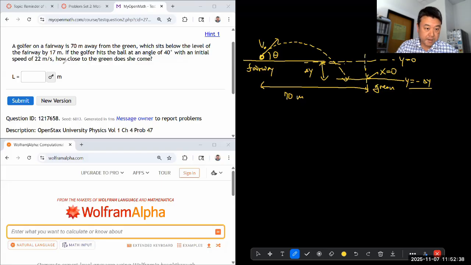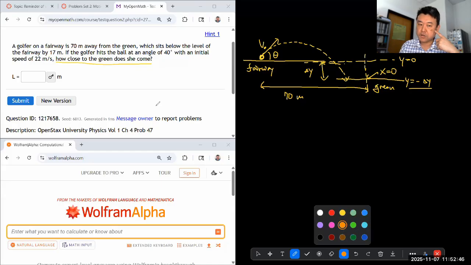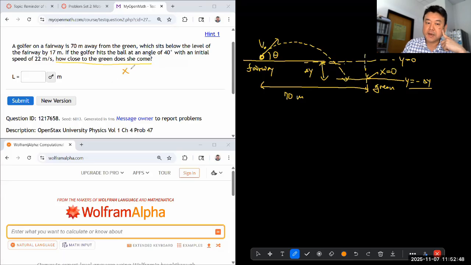All right, so the question asks, how close to the green does she come? So in my reading of the question, it's asking for the x position, especially if I set up my system this way. I already set x equals 0 here. I can say my initial x position is minus 70 meters.